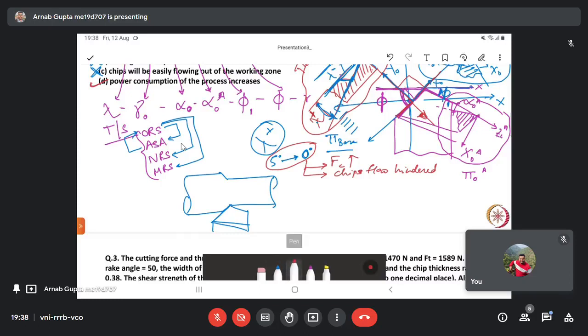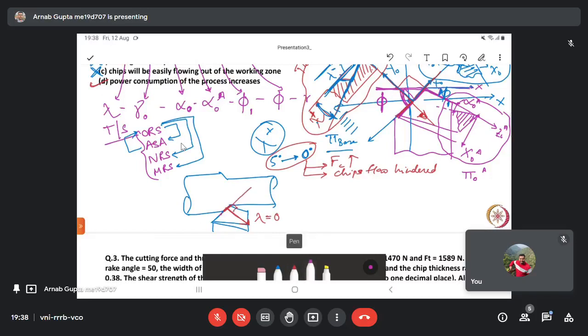Like the chip flow would have been like this in case lambda is 0. So it's essentially perpendicular to this particular line.